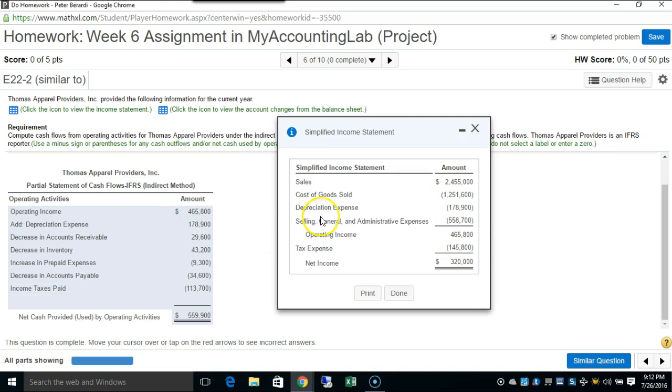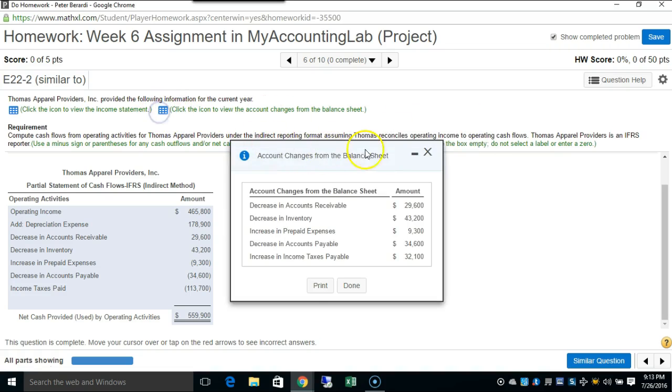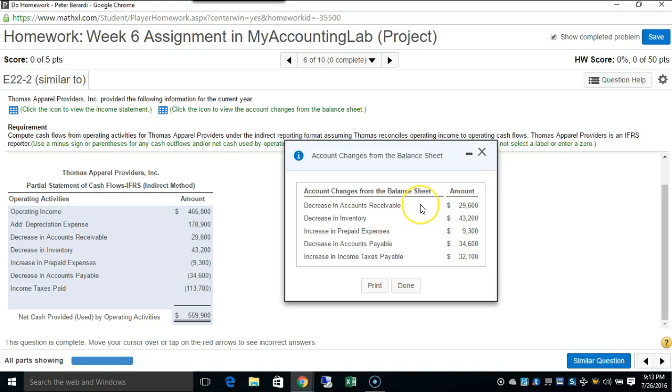So add back your depreciation expense right from the income statement. We'll get to the tax expense later, but now we're going to look at our balance sheet items based on the indirect method.